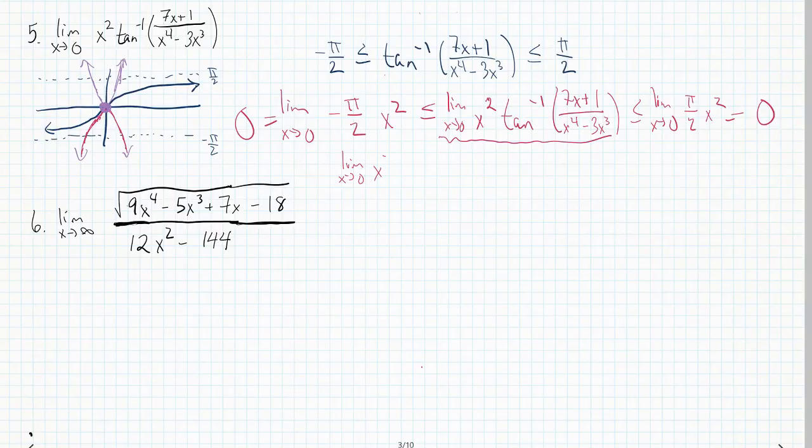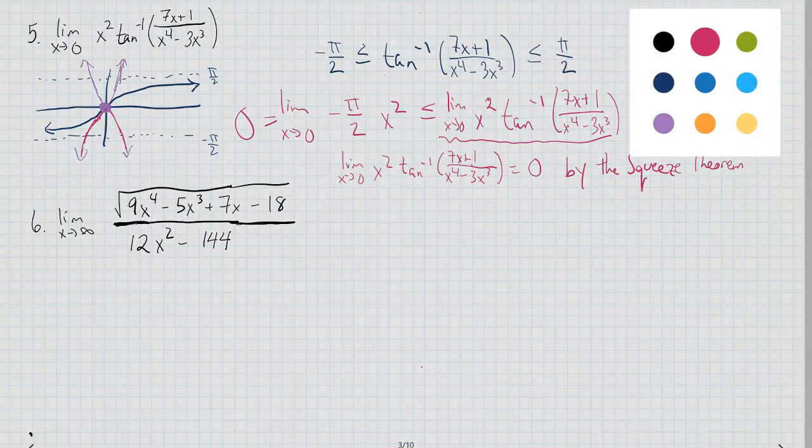Limit as x approaches 0 of x squared arctangent of 7x plus 1 over x to the 4th minus 3x cubed equals 0 by the squeeze theorem. Make sure we indicate what we use there. And that's our final answer.